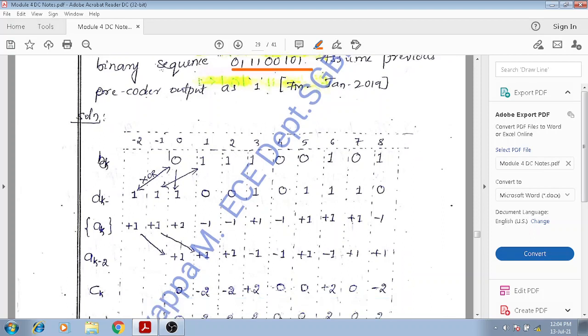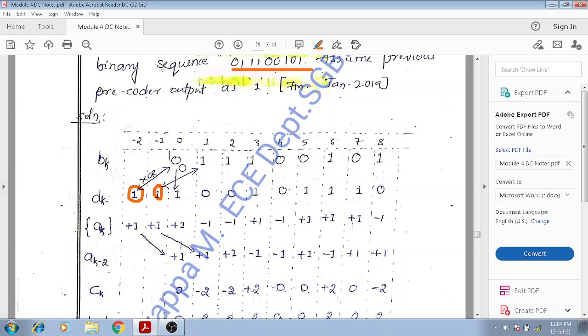Okay, this is BK. So let's calculate DK here. DK is equal to what? BK XOR BK minus 2. BK minus 2 means assume the two previous bits as plus 1. So this is BK minus 1 and this is BK minus 2.